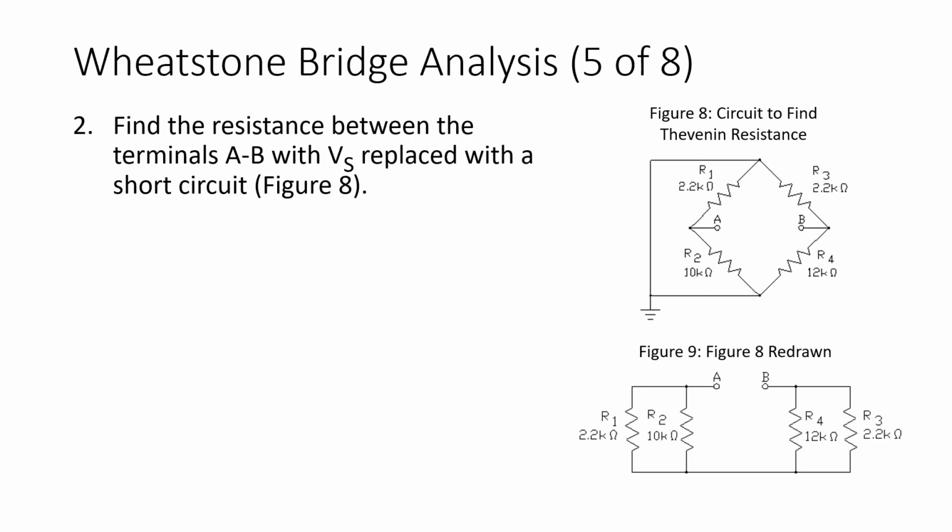Now, step 2 is to find the resistance between terminals A and B with V source replaced with a short circuit. This is shown in the circuit of figure 8. It's difficult for you to visualize the relationship of the resistors in the circuit of figure 8, so I've redrawn the circuit of figure 8 in figure 9.